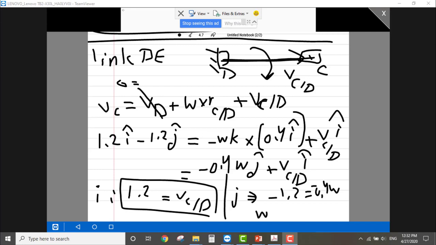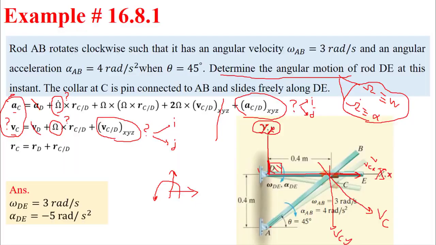Then omega is positive, equal to 3 rad per second. We assumed it clockwise, so its direction is clockwise. So we could find the first unknown for this problem, which is 3 rad per second.